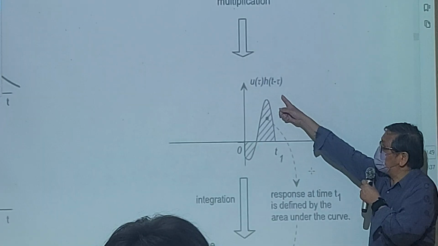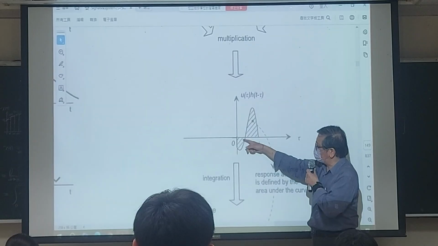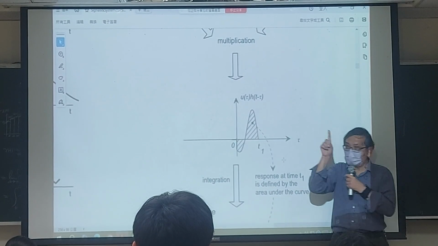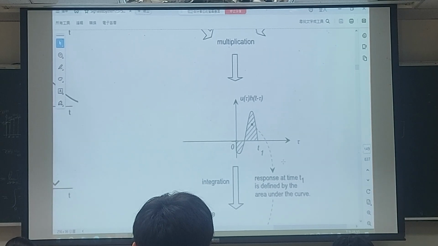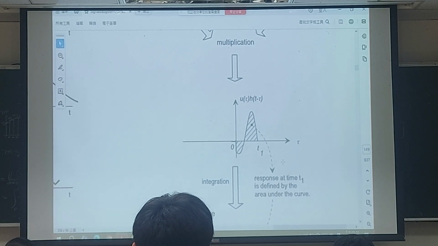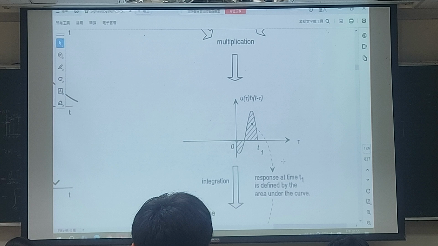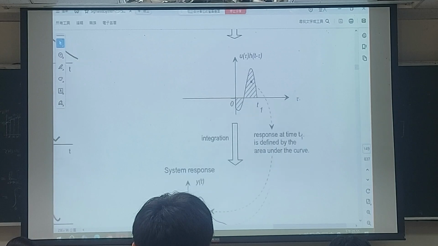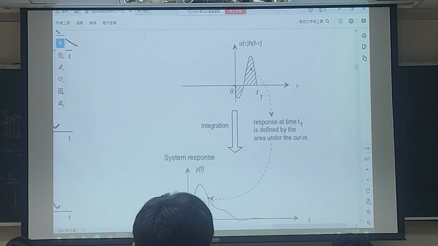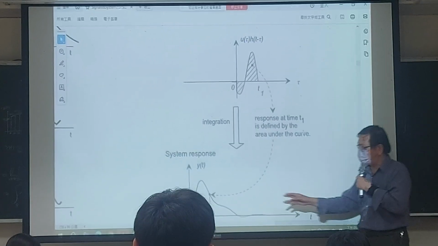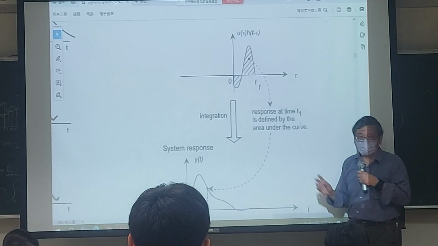At one particular t, you have the area, and that gives you one point. So you keep going, starting at t equals 0, 0.1 second, 0.2 second, and so on, 1 second, 2 seconds, 10 seconds, and eventually you can have the entire output.